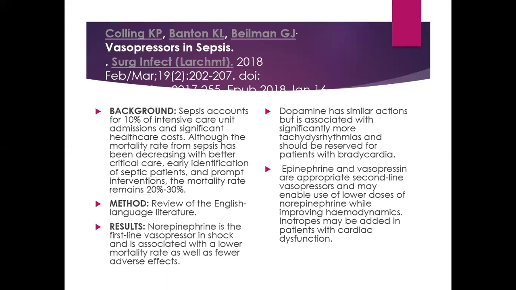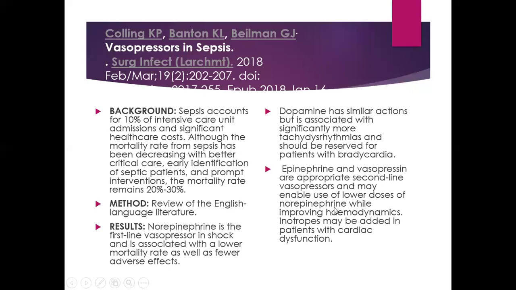For the sake of studies, I just brought some here. These studies, published in 2018, about 6 years ago, show that epinephrine, adrenaline, and vasopressin are appropriate second-line vasopressor therapy. They should be used as second line, and may enable use of lower doses of norepinephrine.